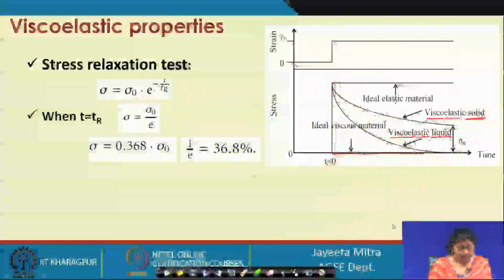That means sigma equals sigma 0 times 0.368. So, we can say that when the stress has reduced to 36.8% of the initial stress, we can measure the relaxation time. So, relaxation time is observed when the stress in a viscoelastic material has reached 36.8% of its initial stress.